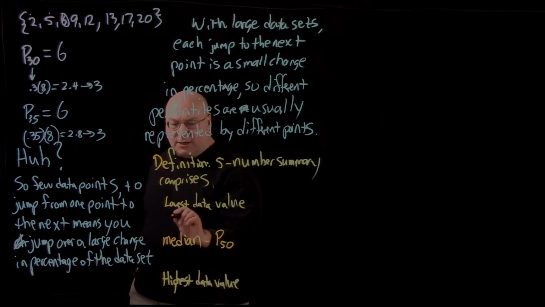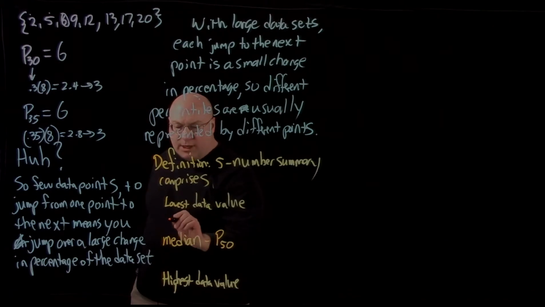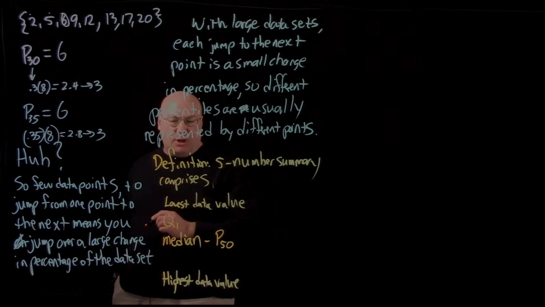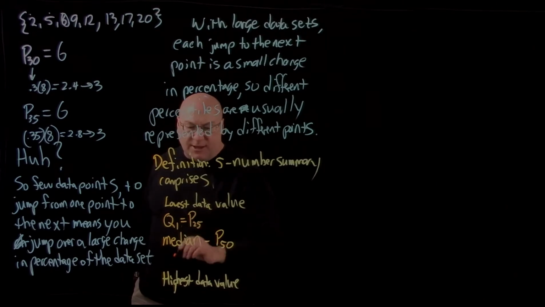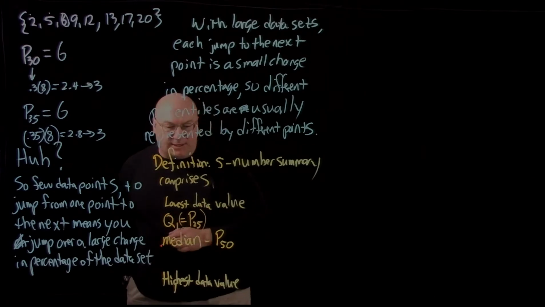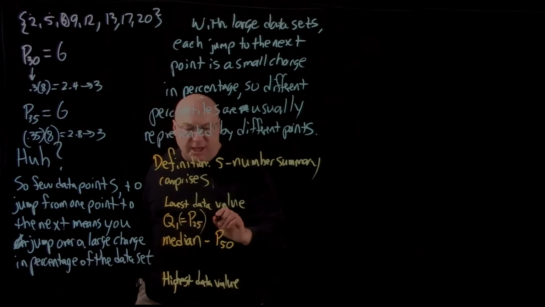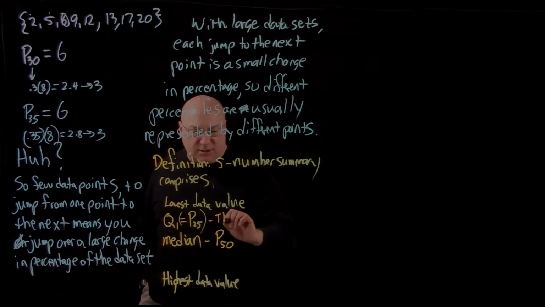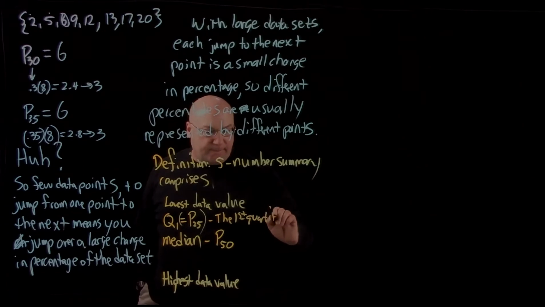The next point here is the so-called first quartile, which I will say Q1 is its symbol, and that really means just the 25th percentile, okay? So parenthetically, that's just saying the 25th percentile, but the term we use is Q1, and like I said, it's called the first quartile.